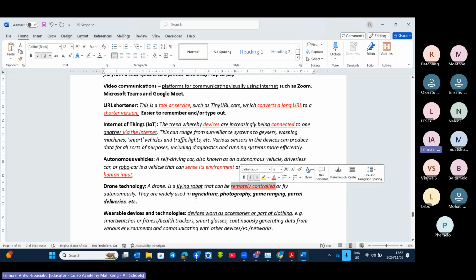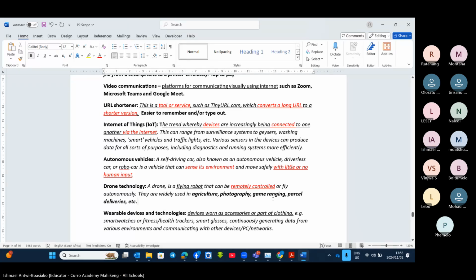Drone technology can be used in various places, like in agriculture, photography, game ranging, parcel delivery, or even sending blood in our health sector from one hospital to another hospital. So these are the applications of drone technologies in various sectors.